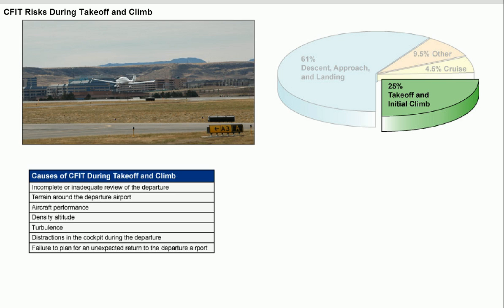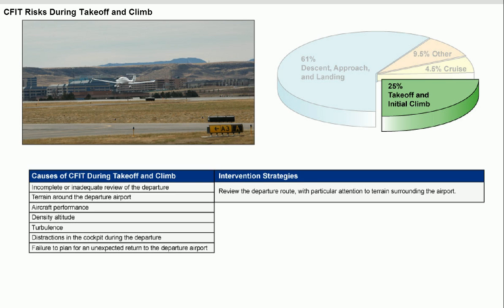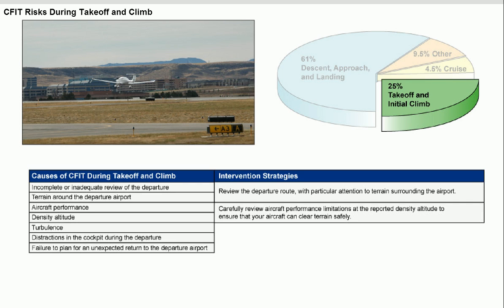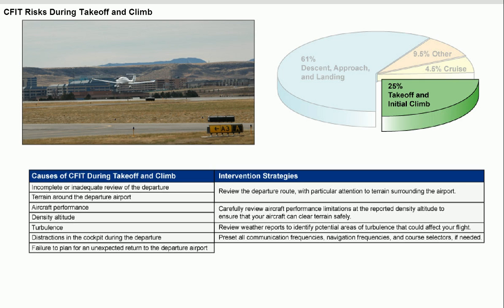To avoid CFIT situations during takeoff and climb, always review the departure route, with particular attention to terrain surrounding the airport. Second, carefully review aircraft performance limitations at the reported density altitude to ensure that your aircraft can clear terrain safely. Third, review weather reports to identify potential areas of turbulence that could affect your flight.